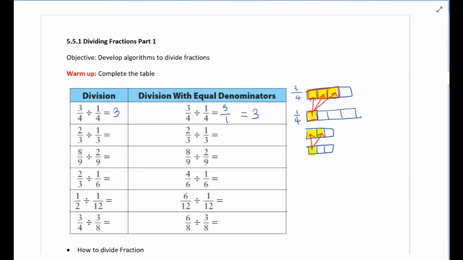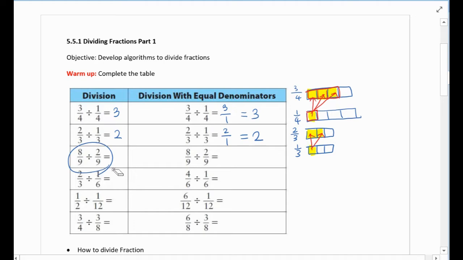That is twice, right? So 1/3 goes into 2/3 twice. So the answer is 2. So we just do 2 divided by 1. Everyone, division bar is the same as division. Okay? 2 over 1 equals 2.